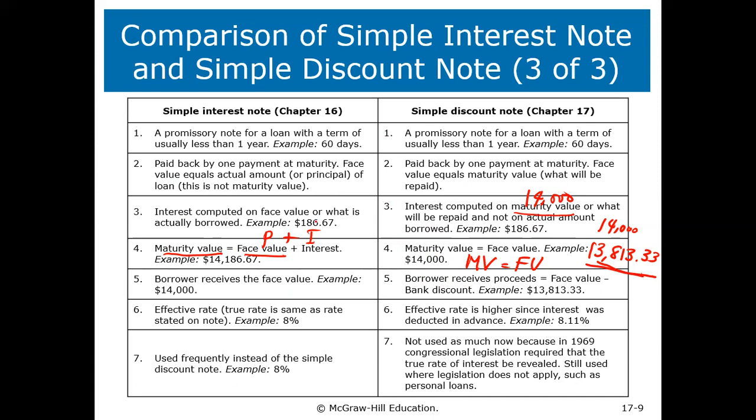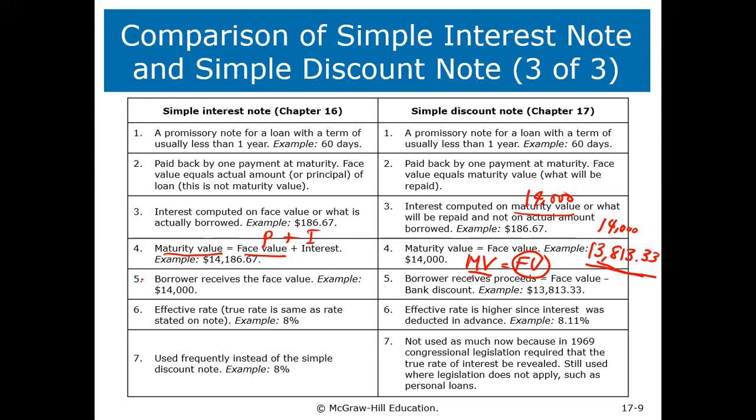Okay, no more need to add the interest. The face value is equal to the amount being borrowed, 14,000. But when the loan matures, you're only going to pay the face value. You're not anymore going to include the interest because the interest was already deducted at the start.